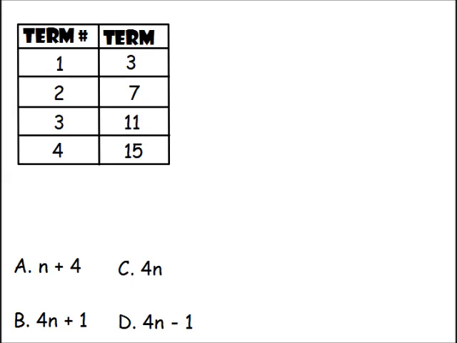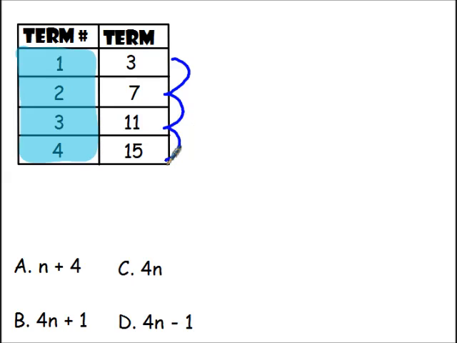Let's have a look at a different type of example. Here we have a chart that lists 4 terms and their term numbers. So step 1 is already complete for us. The terms have been numbered. Step 2, we'll find the constant difference.